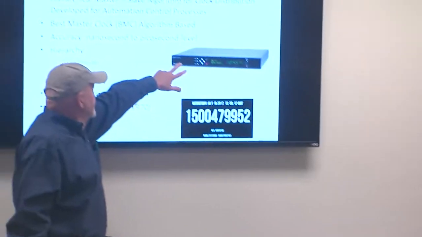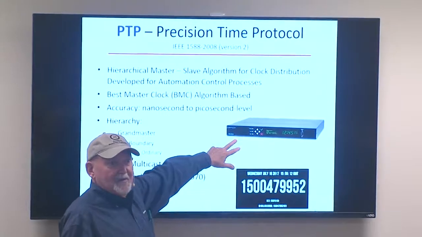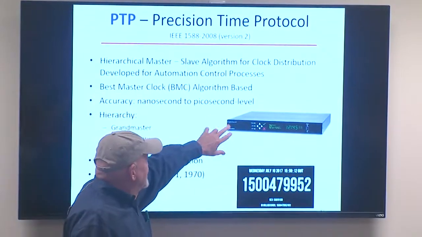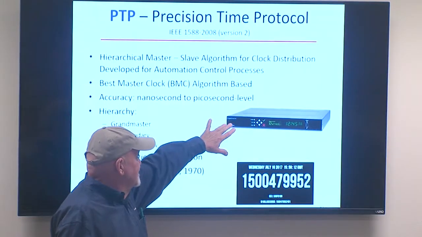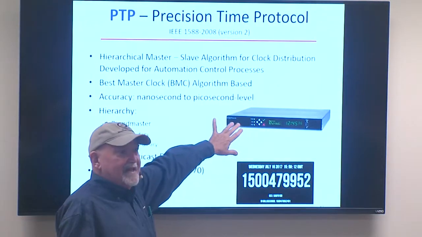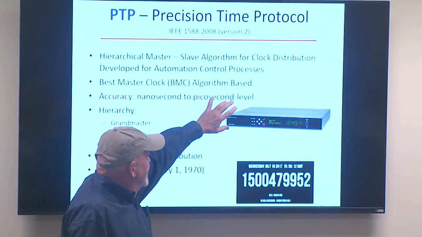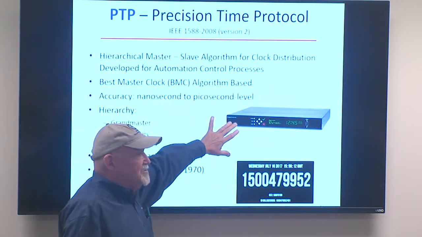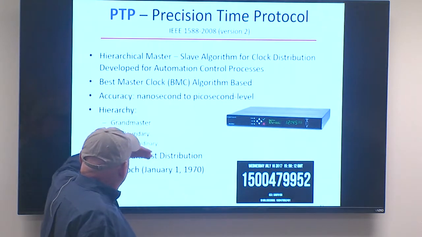That's right, where you have a master. It's called a grandmaster, which in a lot of cases looks like the GPS time code clock I have. Generally, these devices also do NTP as well, and they are going to be GPS locked. And they have three levels.